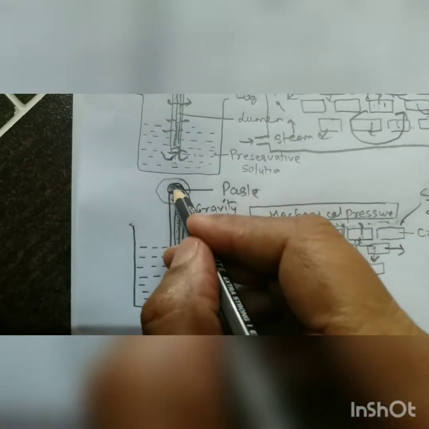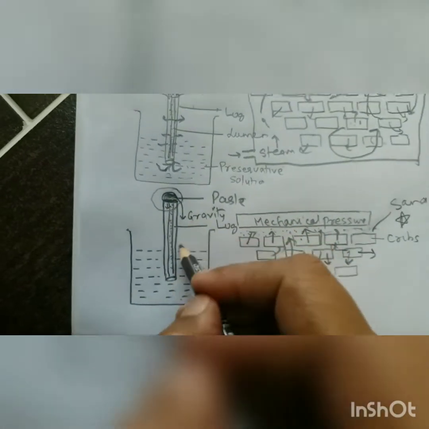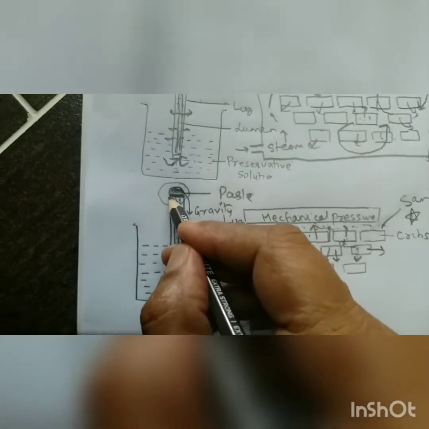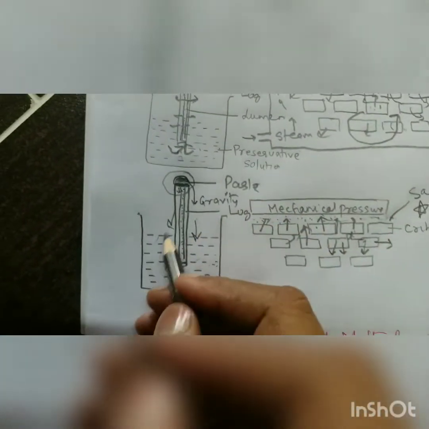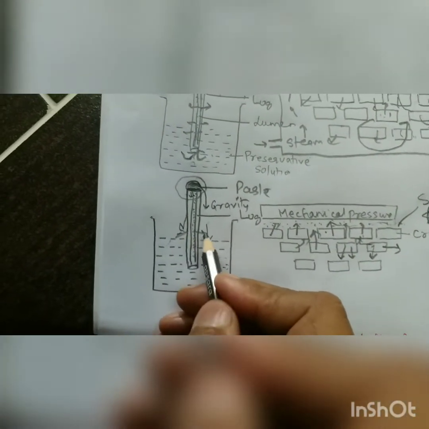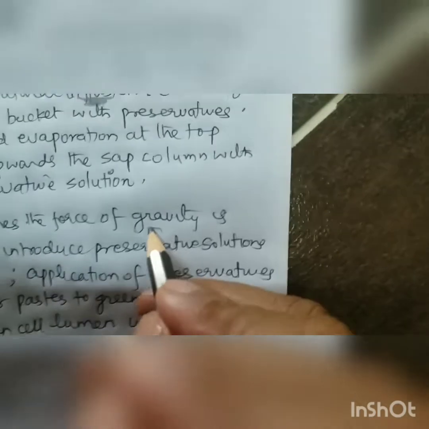Gravity is downward, so it moves downward into the lumen, and then from the lumen it moves to the other parts of the wood. This is the second method, the force of gravity, right?